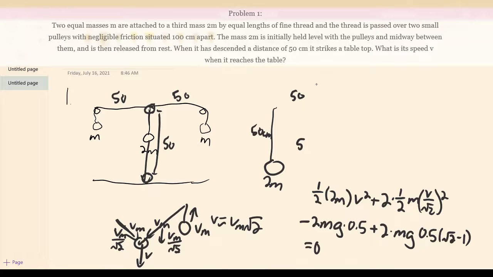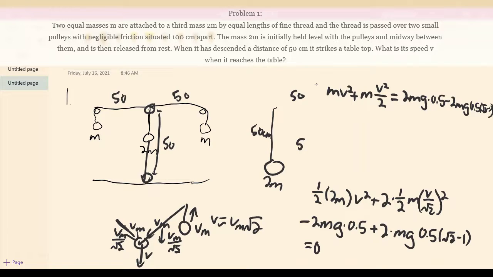Now we can just solve this equation. We get mV squared plus mV squared over 2, which has to be equal to 2mg times 0.5 minus 2mg times 0.5 times (square root 2 minus 1).